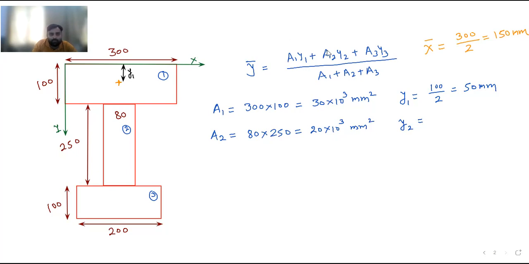If I move to the second figure, the second rectangle, the CG of this rectangle may be situated somewhere here. Y2 is the distance of the CG of the second figure from the reference axis. So this total distance from here to here, this total distance from the reference axis, if I show you like this, this is Y2.